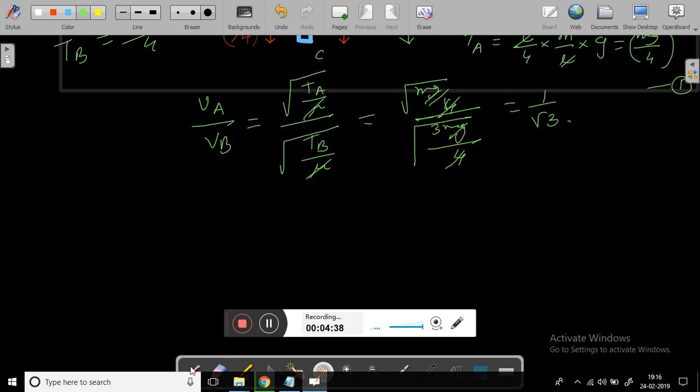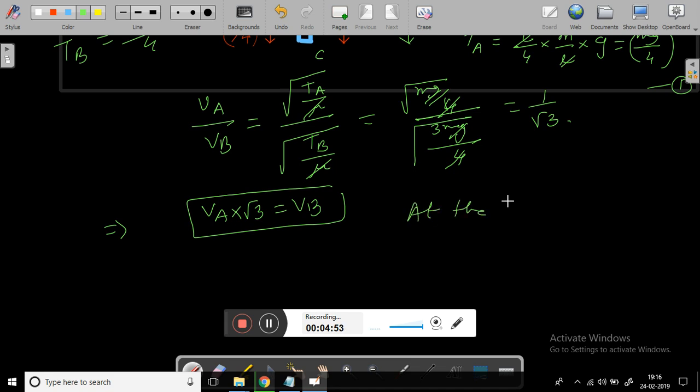So we can write vA into root 3 is equal to vB. So at point B, the velocity of the wave will be root 3 times that of the velocity of the wave at point A.